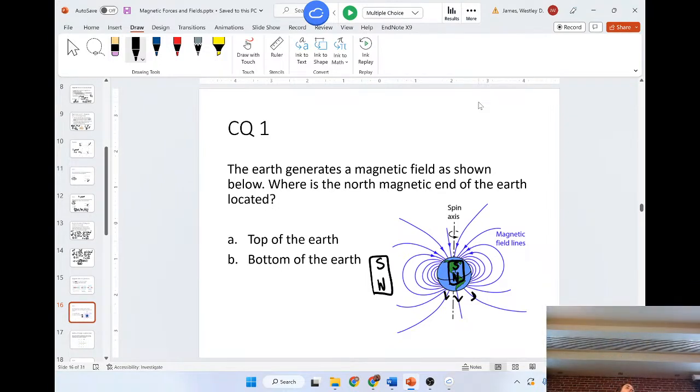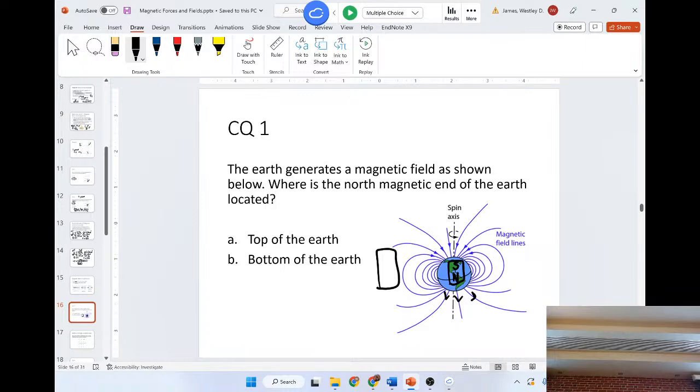And your question is, then why do we call north north? Why do we call the top of the Earth north if it seems to be backwards? Here's why. How do we measure north? We use a compass, and a compass is literally a magnet. So here's my magnet. Opposites attract.